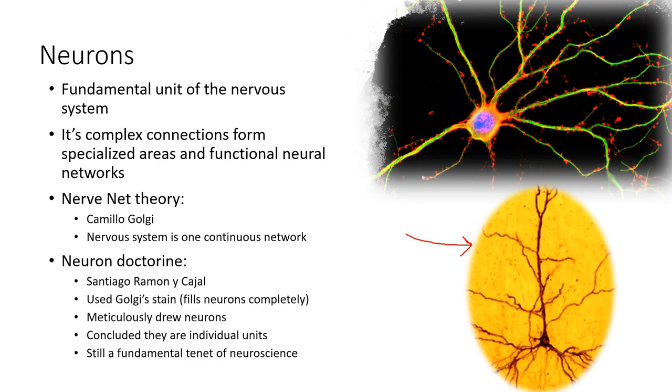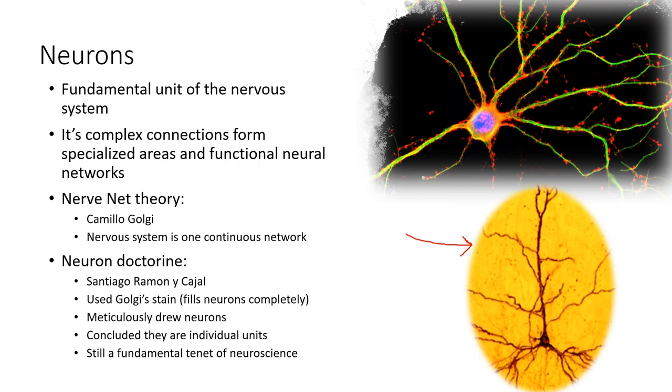Around the same time, Santiago Ramon y Cajal came up with the neuron doctrine. He used Camillo Golgi's stain, which is called the Golgi stain and is still used today. In his observations, he drew meticulously beautiful neurons. Based on his drawings of many different brain areas, he concluded that neurons were actually the individual units, the smallest individual functioning unit within the nervous system.